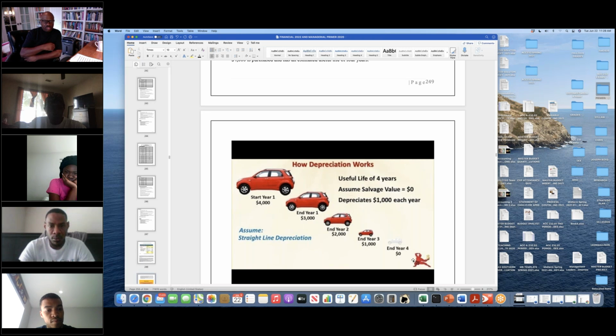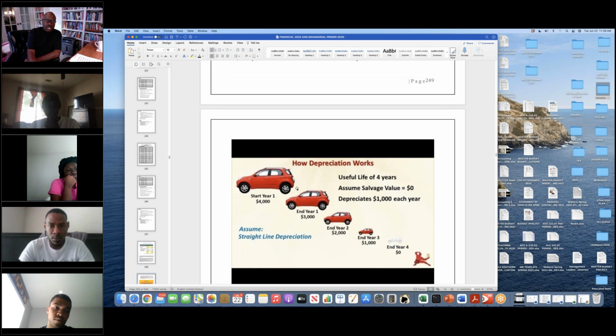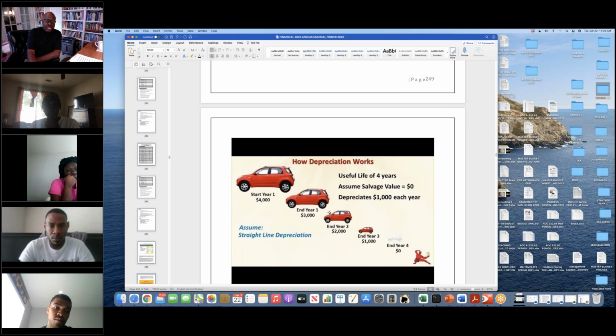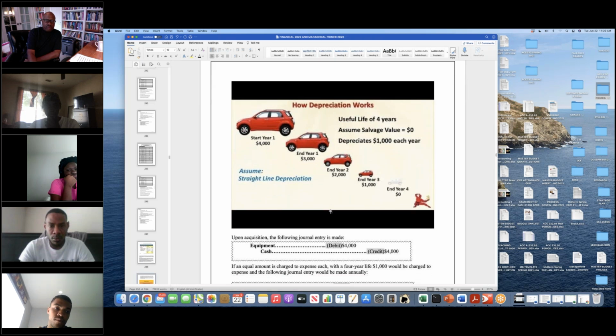And so that's how depreciation works, because this asset is turning into an expense. Cars in general go down in value. So if you're running a company, you have to reflect that decline in value and offset it against the revenue. You can't be showing revenue and not all costs, because eventually we have to replace these items.